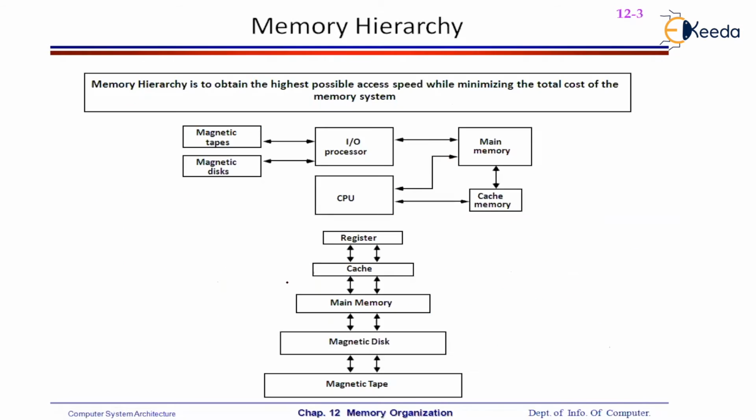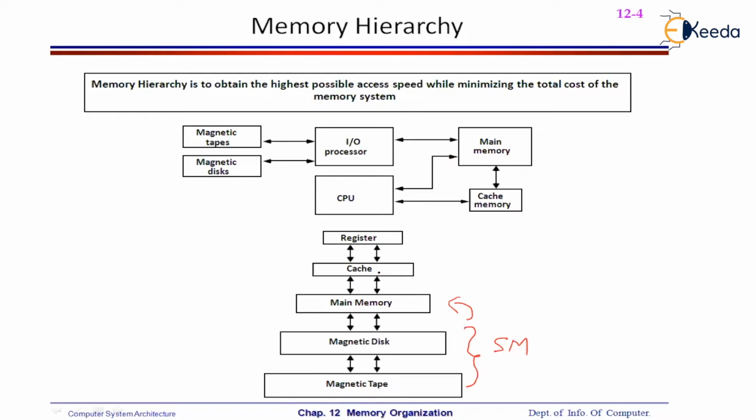Now, you clearly see that initially the data will get stored in the secondary memory devices. When you want to execute a program, that program must be transferred to the main memory. Initially the CPU wants to access the data from the cache memory.